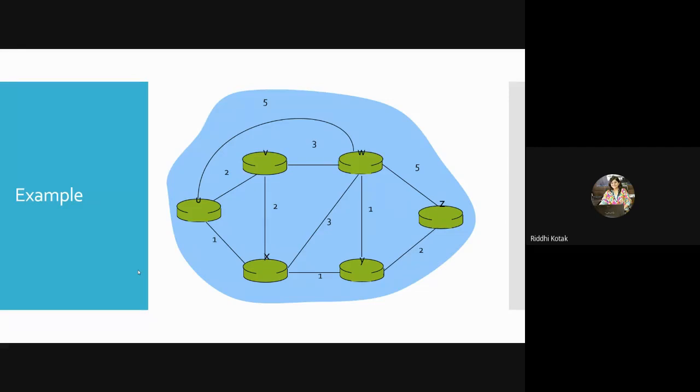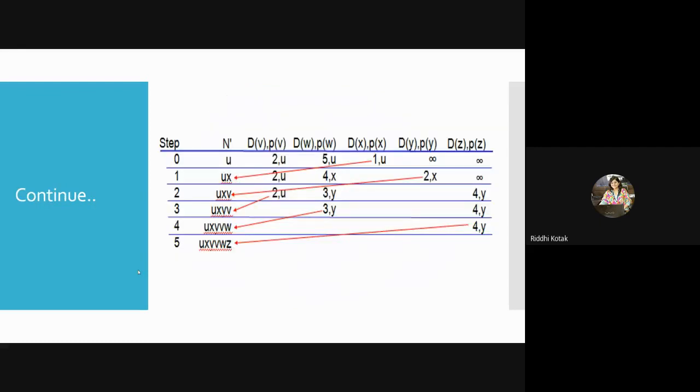Your next node is X. So X to V, that is 2, then X to W, that is 3 plus 1, 4, and X to Y, that is 2, because you have to calculate the distance from node U. And Z is not directly connected, so put infinity here.